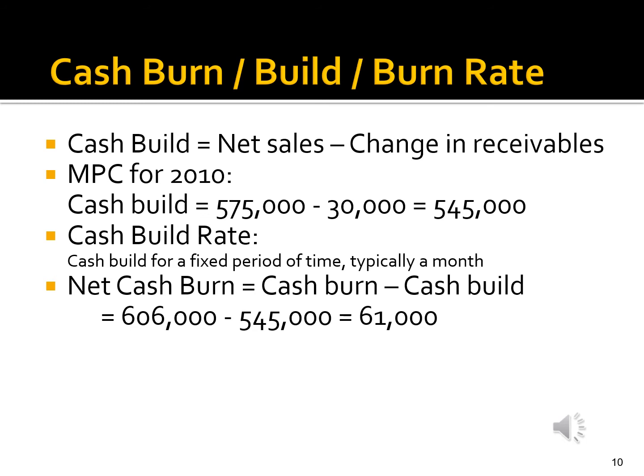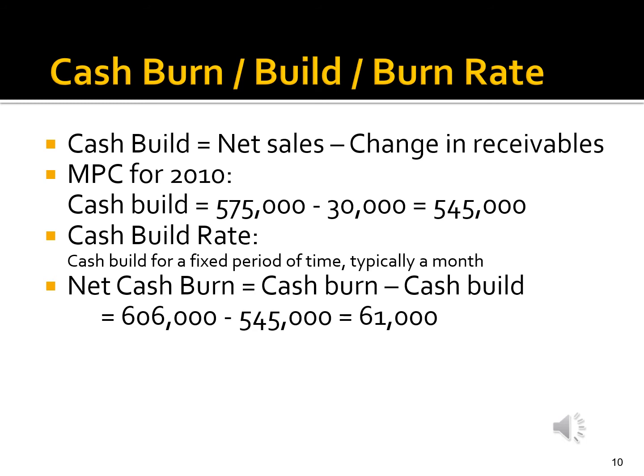Net cash burn equals cash burn minus cash build. That is the cash already used for operation, investment, and financing, because the money from financing is used for the operation, minus cash build. So the company can calculate the net cash burn.